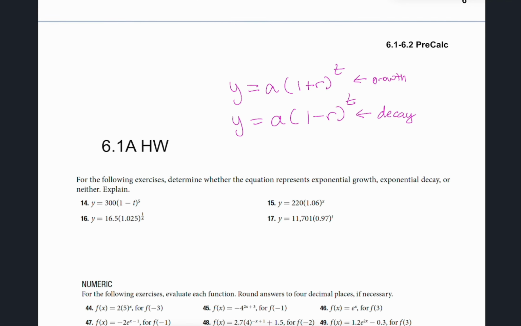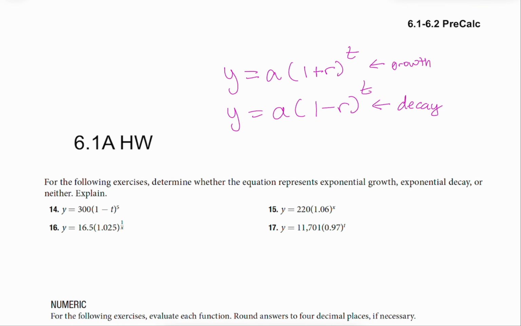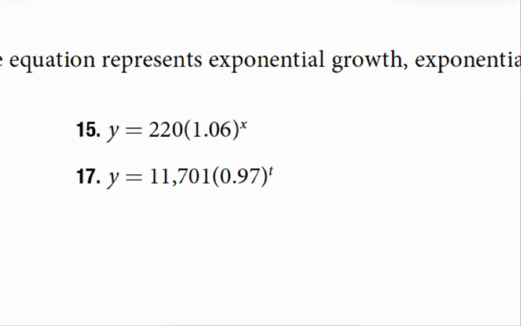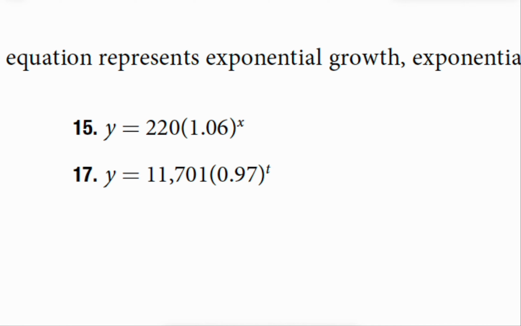Okay? So I just want to discuss 15 and 17. It says, determine whether the equation represents an exponential growth or an exponential decay, or neither. So if we look at 15 and 17, since this number here is more than 1, this is considered a growth.